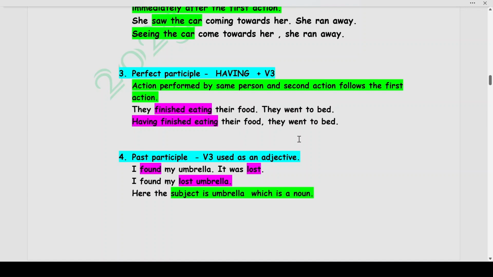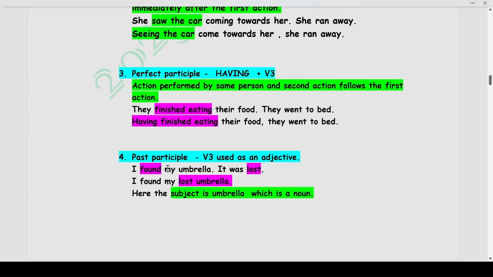Because we have to form a new sentence using both these sentences, which will make sense on its own and not depend on any other clause. That is the main criteria for your simple sentence. It is an independent clause which will not depend on any other sentence to explain its meaning. So, they finished eating their food, they went to bed. Having finished eating their food, they went to bed.